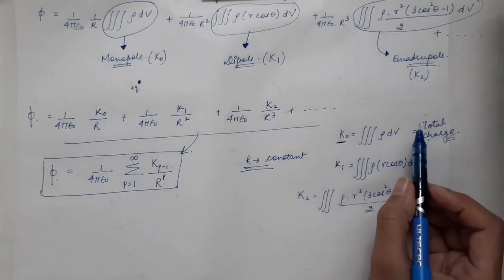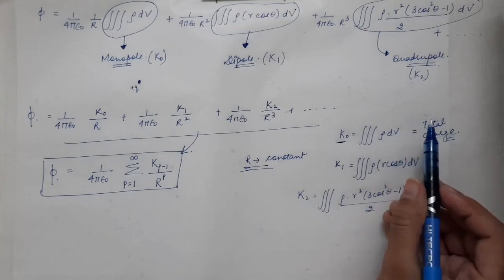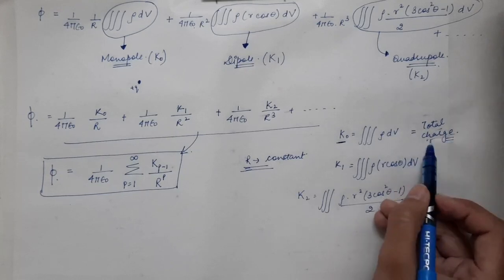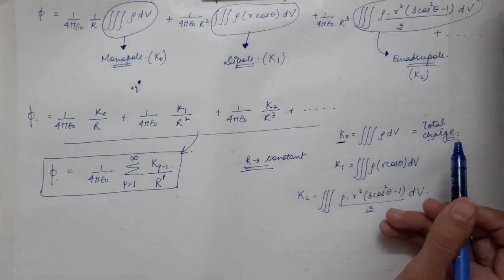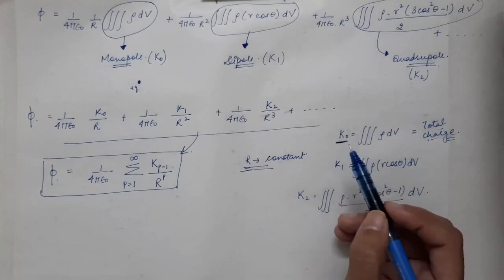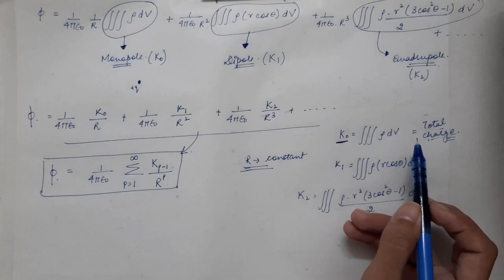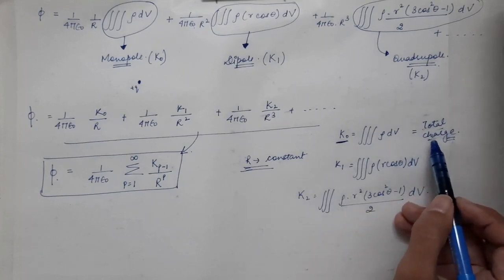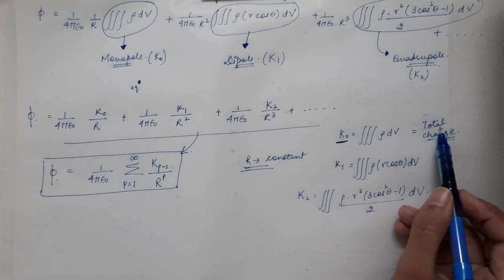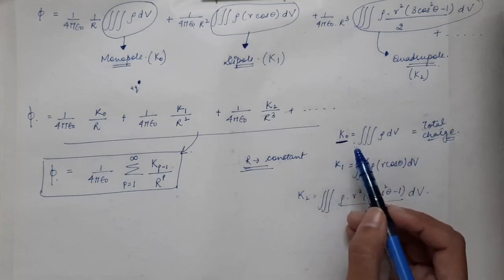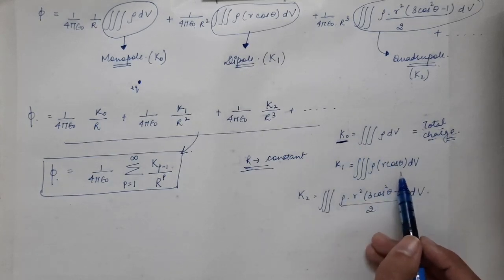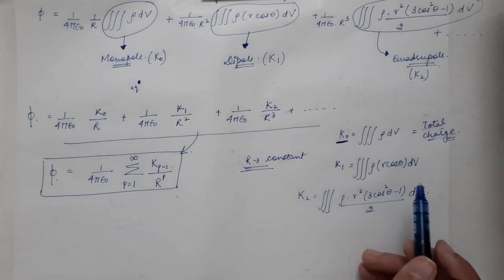For example, if there are equal numbers of positive and negative charges in a particular distribution, then the net amount of charge comes out to be 0, meaning the monopole k0 will be equal to 0. And there are chances that there would be a dipole for that particular system.